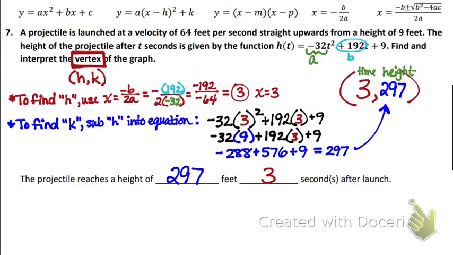So my axis of symmetry finds my x value. In this particular equation, even though they didn't use x and y, t is where x normally is. That's how I knew it had to be the x part of the ordered pair. And then the output that it gives me is the height.